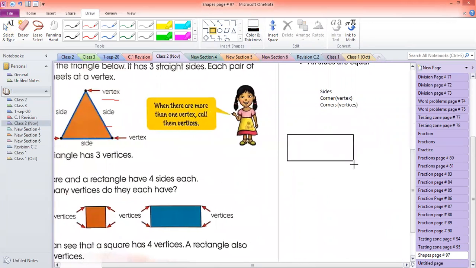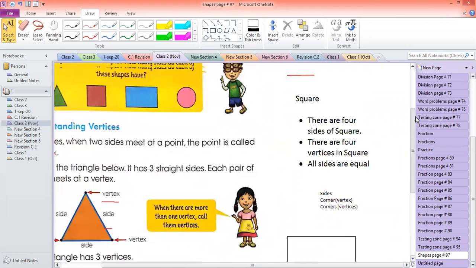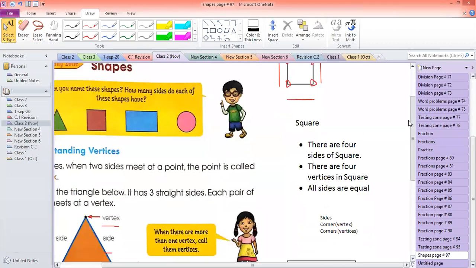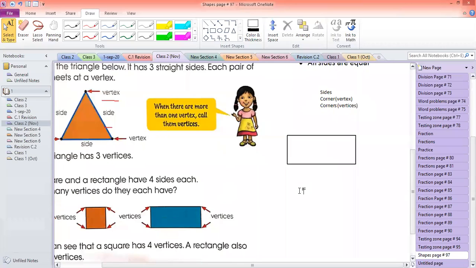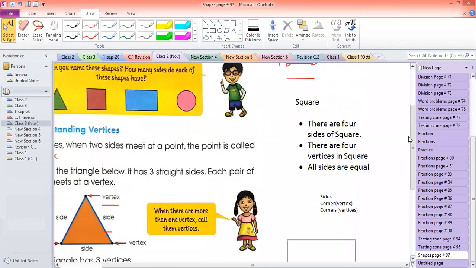This is a rectangle, guys. It looks like a square, but do you know the difference between a square and a rectangle? In a rectangle, all sides are not equal. This is called a rectangle. I will write here: rectangle.